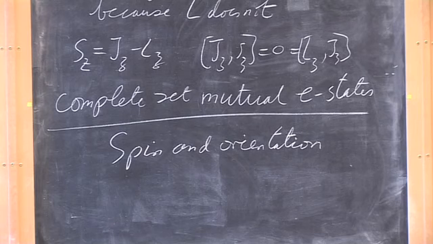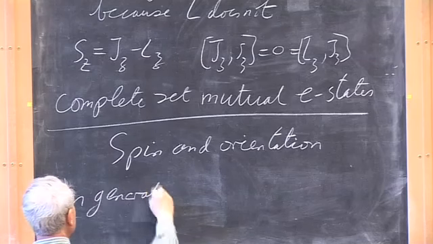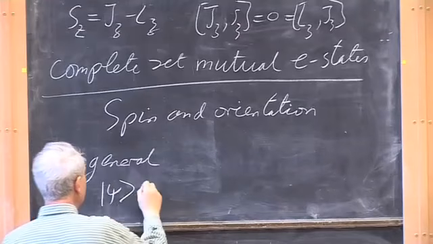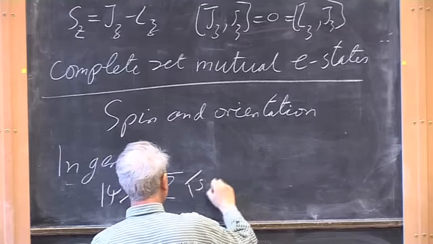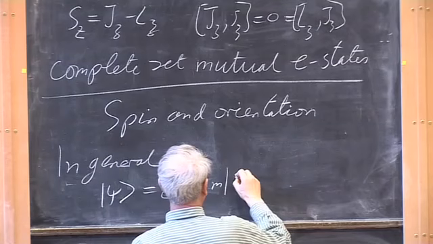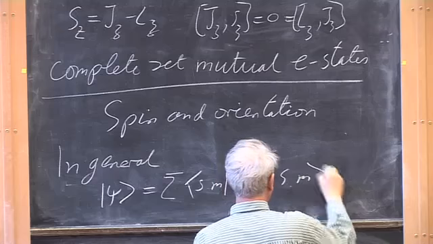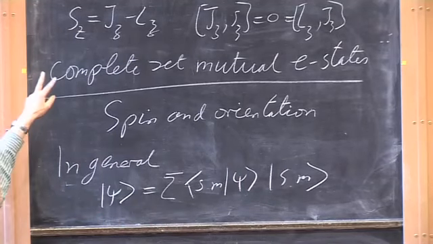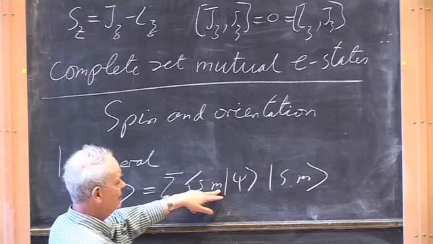Okay. So in general, the internal configuration of a system we could write as psi is equal to the sum of psi_sm times |s m>. We've got a complete set of mutual eigenstates of S squared and Sz, right?